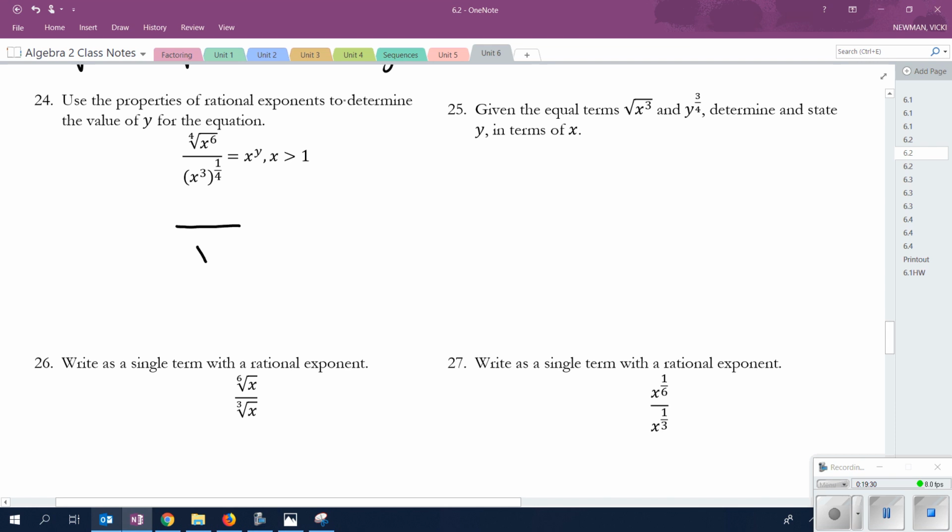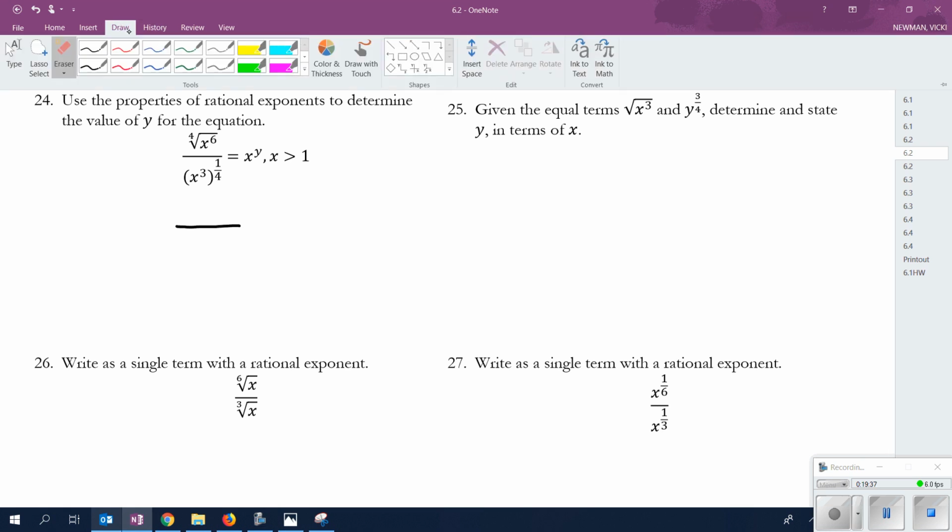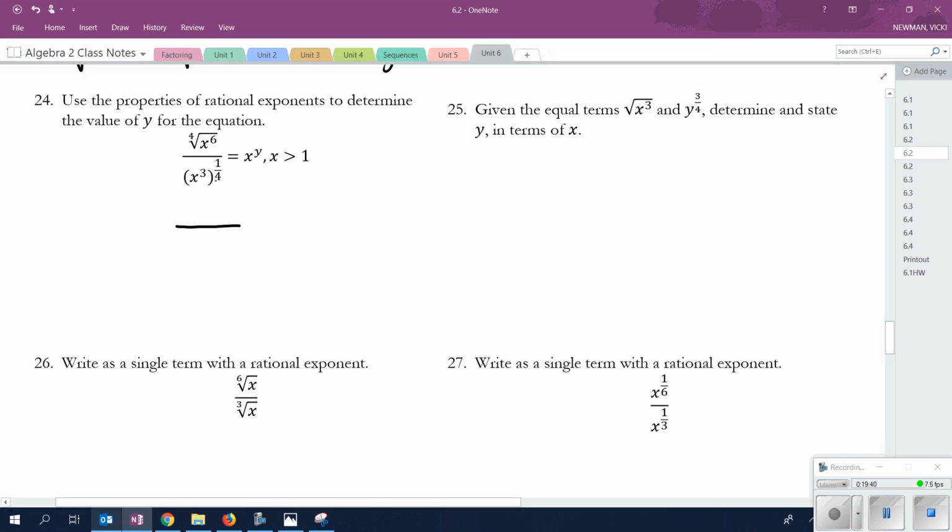Oh, okay, so let's see here. What we actually want to do is we prefer the fractional exponents. So I'm actually just going to say, let's deal with that by multiplying them so that it's x to the 3 over 4. What should we do in the numerator? So put it x to the what power? 6 over 4. But Miss Newman, isn't that? Yes, it is, but wait for it.